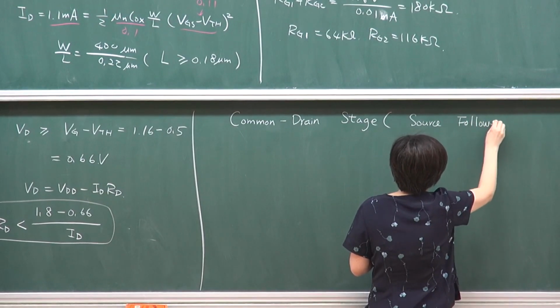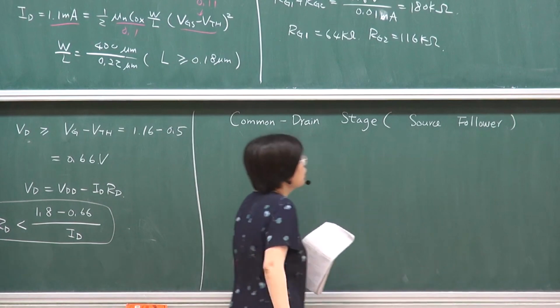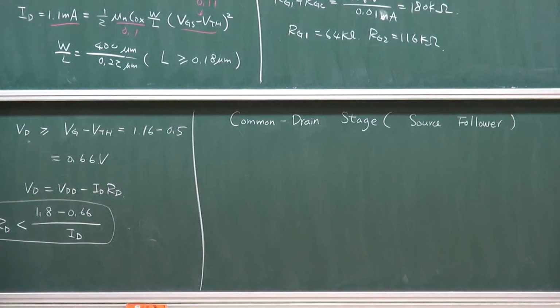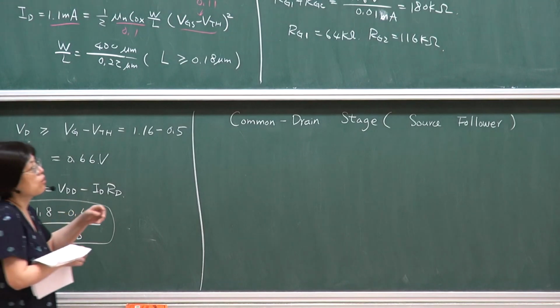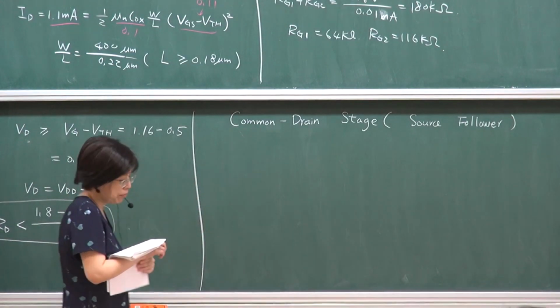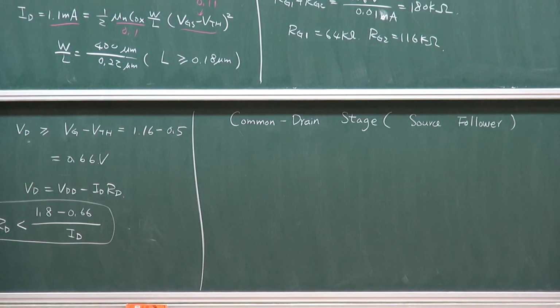It's very, very common. In your cell phone, you have 600 million pixels, and each one of your sensor pixels has a source follower structure.